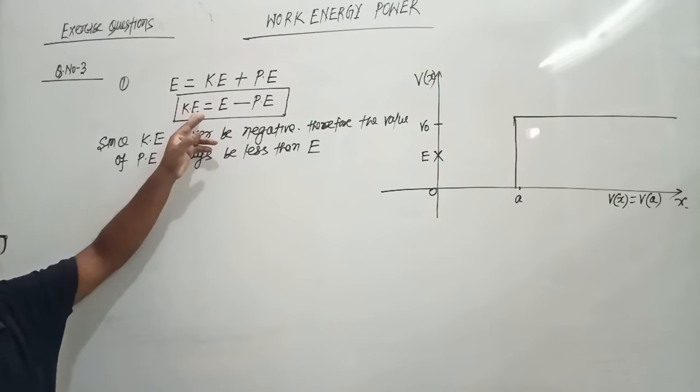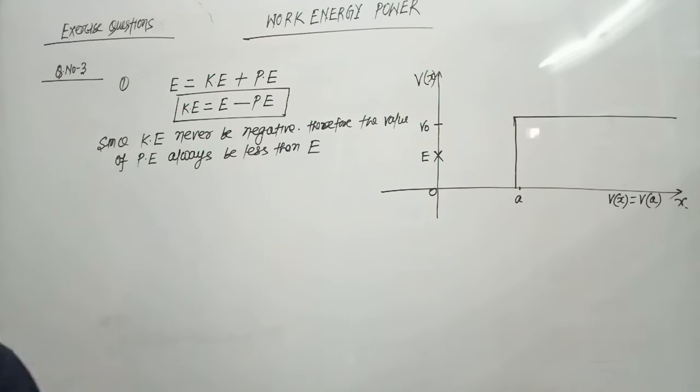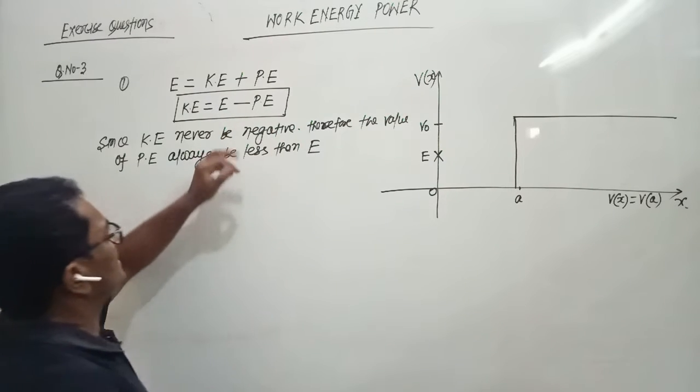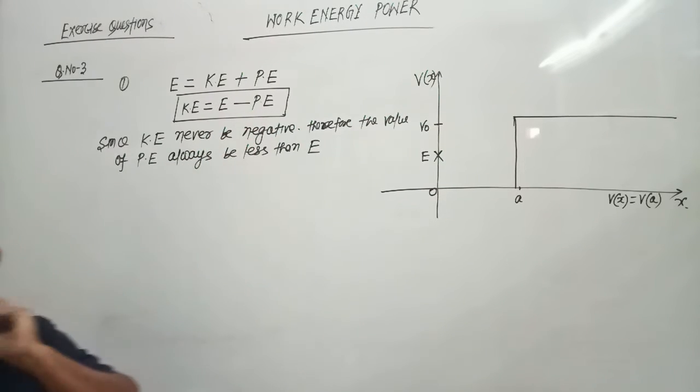Kinetic energy is always positive. Therefore, we conclude that the value of potential energy is always less than E.